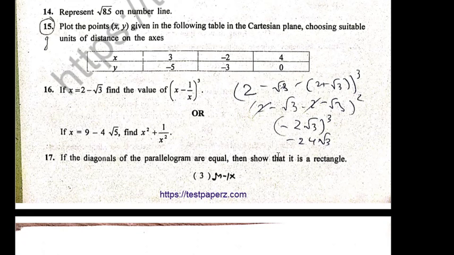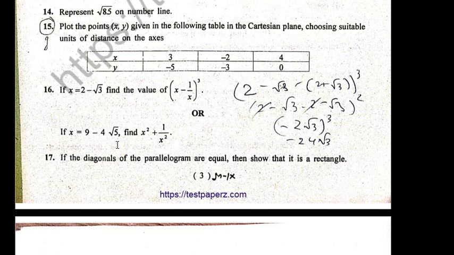Now the next question is: plot the points x comma y given in the following table in the Cartesian plane. Choose a suitable unit of distance on the axes. So you have to just plot these points. Let us write the table first.